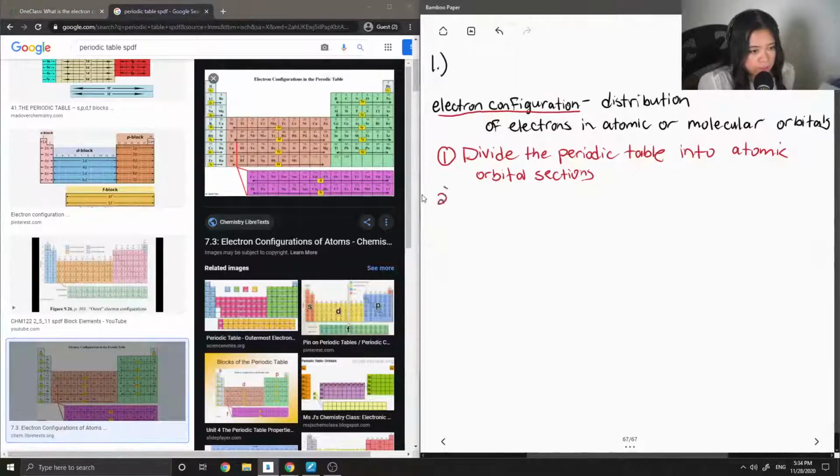So this brings us to step 2, where you just move from left to right across the rows, and you start at hydrogen.